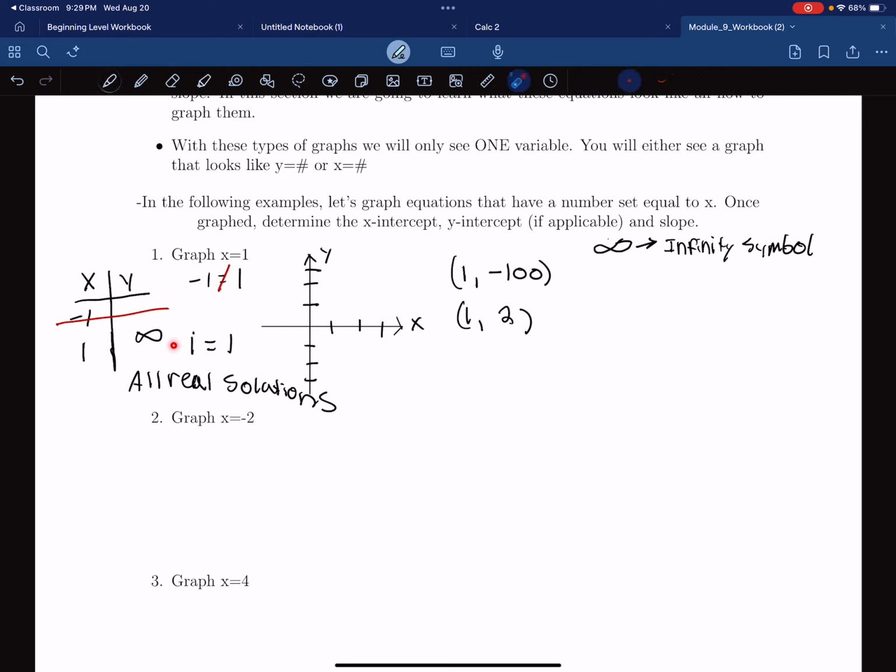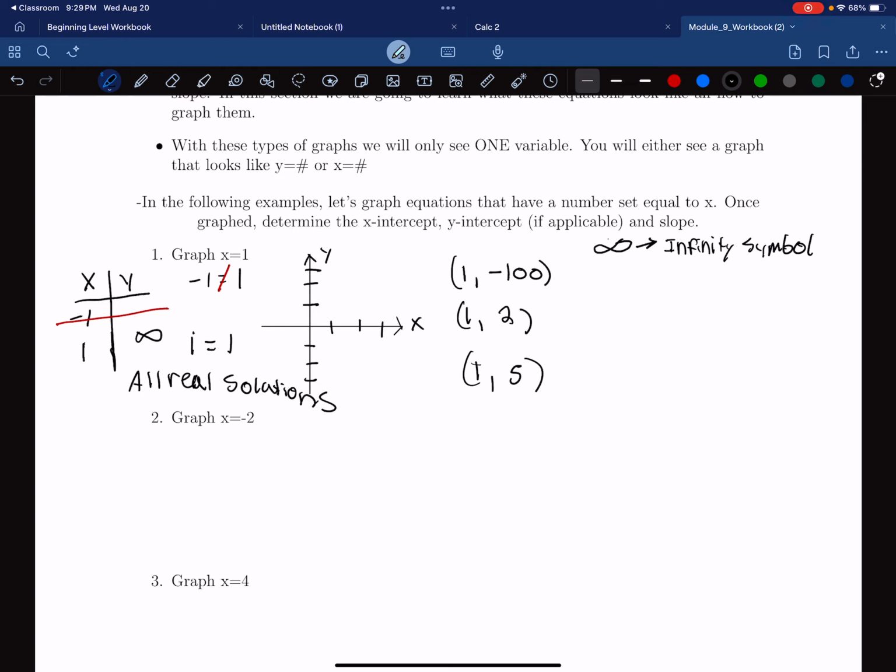Our y values are infinite, but our x values are only restricted to when x equals 1. So let's just do another point. 1 comma 5, right?